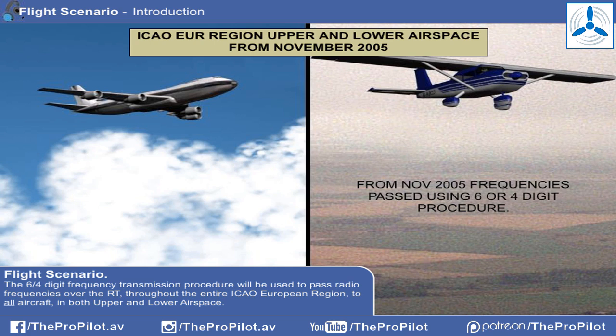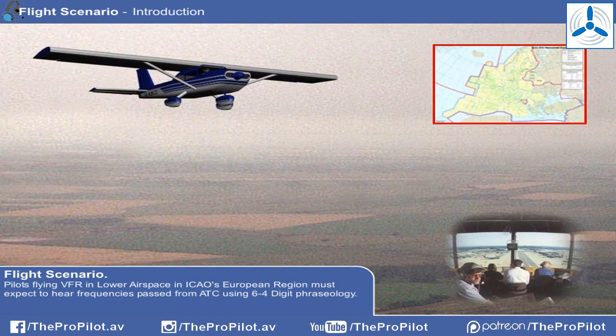The United Kingdom Civil Aviation Authority is introducing the 6/4-digit procedure for all aircraft flying in UK airspace from the 1st of May 2006. Consequently, private pilots flying in accordance with the visual flight rules in lower airspace in Europe must expect to hear frequencies passed from air traffic control using 6/4-digit phraseology.